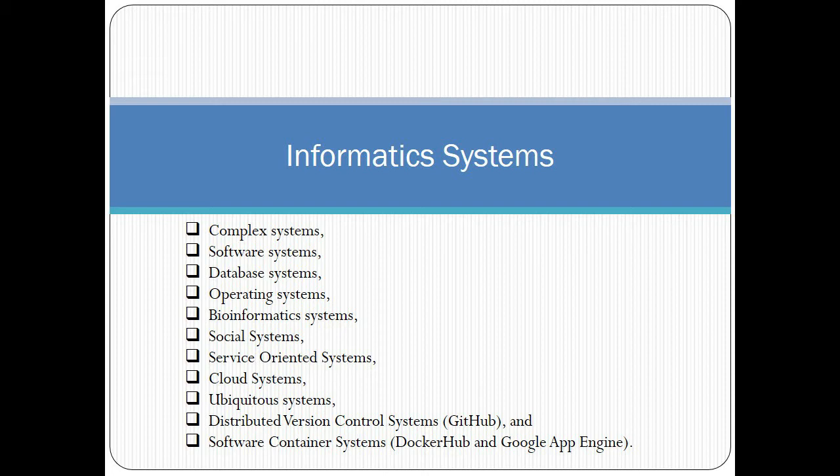Software systems are the programming systems that keep on having versions of software. Database systems basically define data in a structured format that can be read for processing and computation purposes.